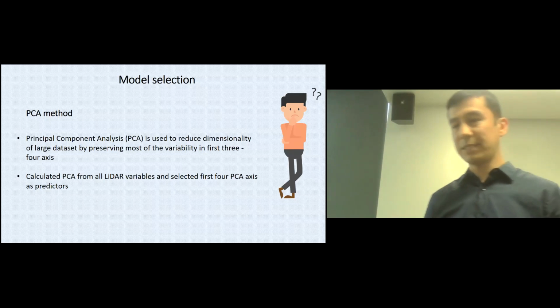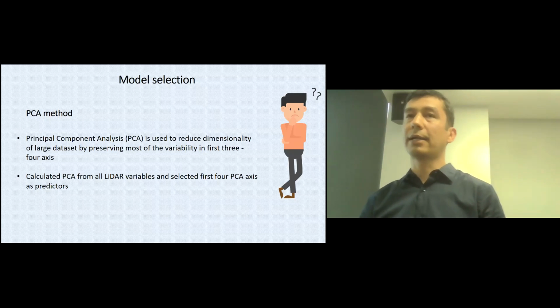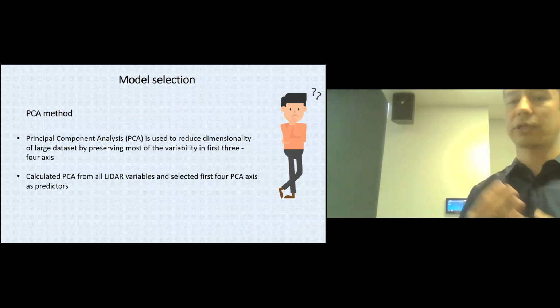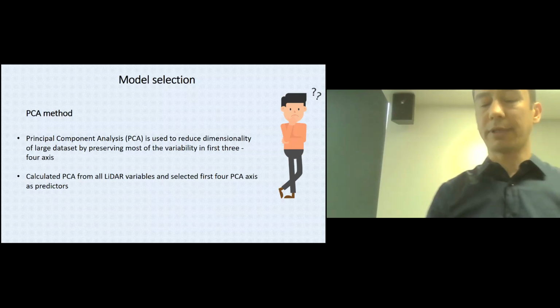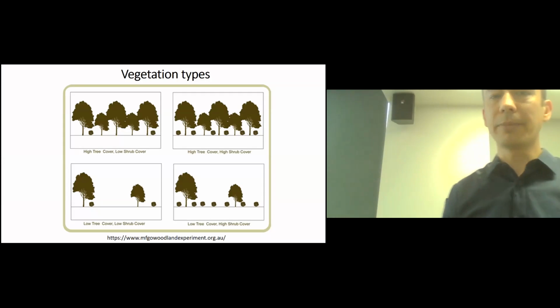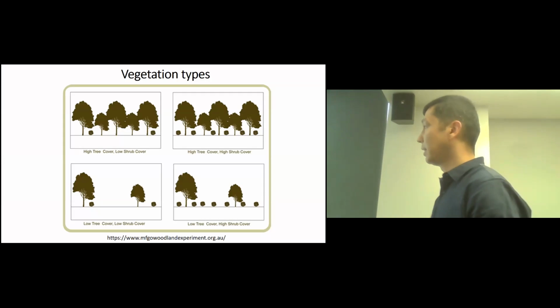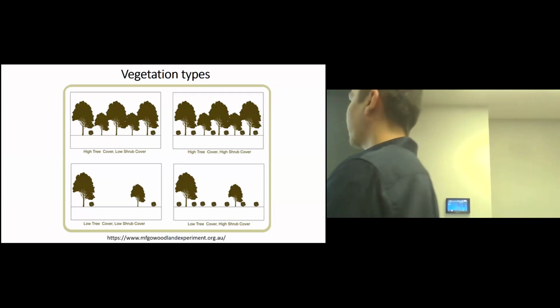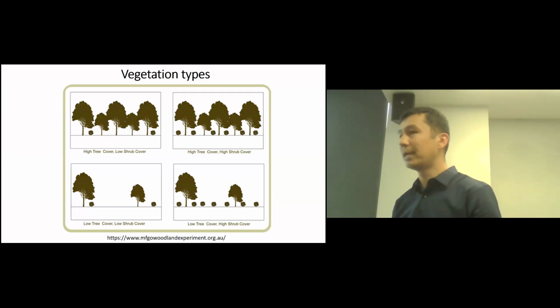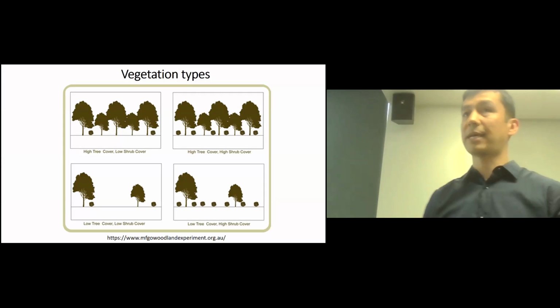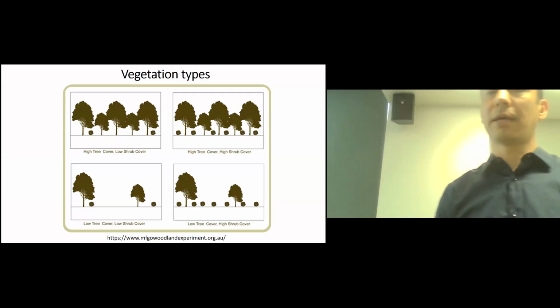We calculated PCA from all LiDAR variables and got four PCA axes as predictors. Remember, we have 4 vegetation types: high tree, high shrub, low tree, low shrub, and combinations such as low tree and high shrub. This is the core of the design of Mulligan's Flat plots.